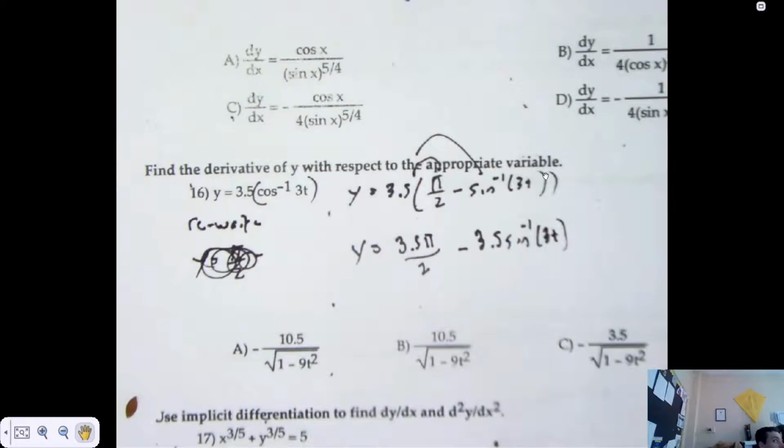3.5 pi over 2 minus 3.5 arc sines of 3t. Wouldn't surprise me a bit if I taught it without doing that, because it doesn't matter. Once we take the derivative of 3.5 pi over 2, what's going to happen to it? What's the derivative of a constant?